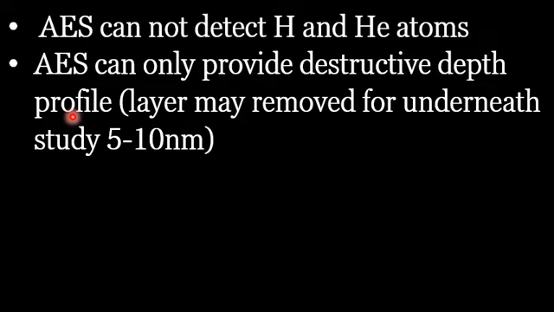After removing some part of the material, you can do the depth compositional analysis below that layer in the range of 5 to 10 nanometer. So Auger electron spectroscopy is a destructive technique. It damages the material under analysis.